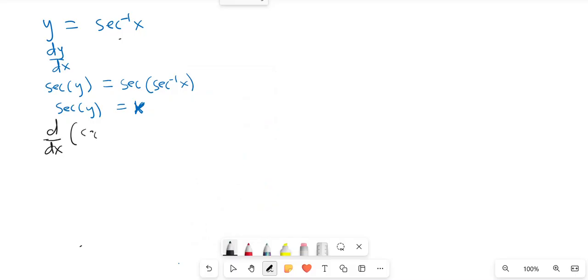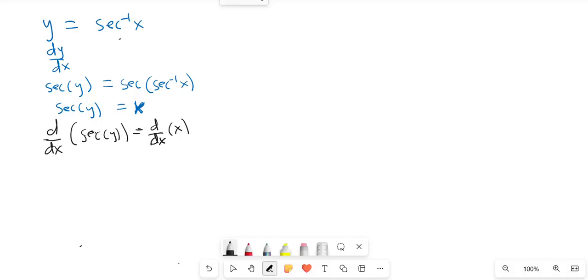d/dx of secant y is equal to d/dx of x. Using the chain rule here again, you differentiate the secant and then differentiate y with respect to x because y is a function of x.